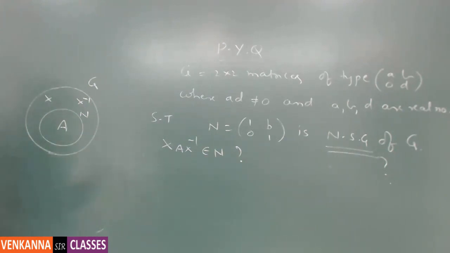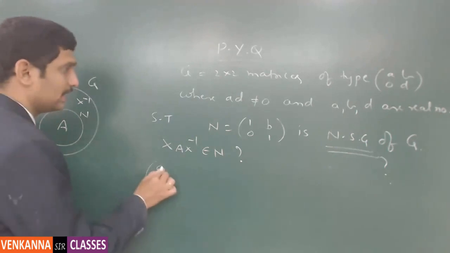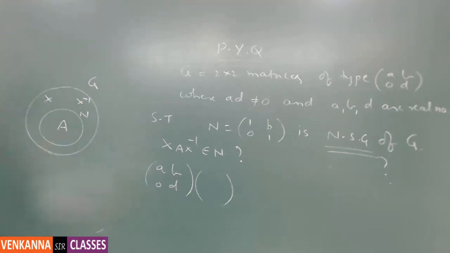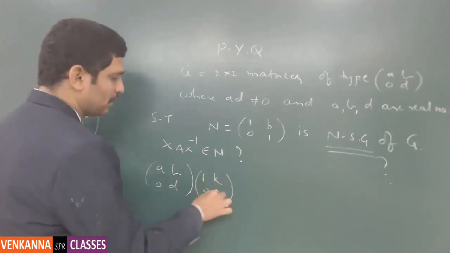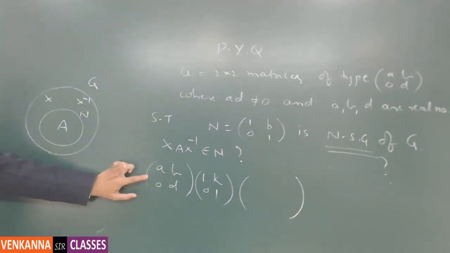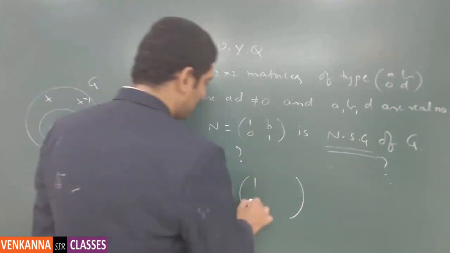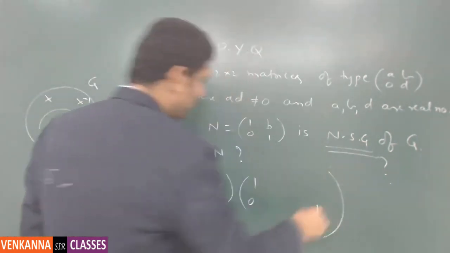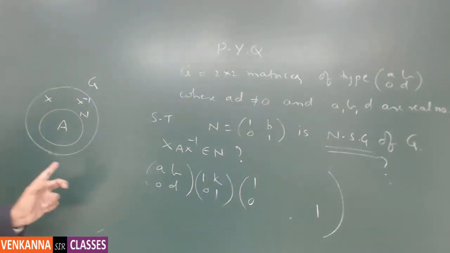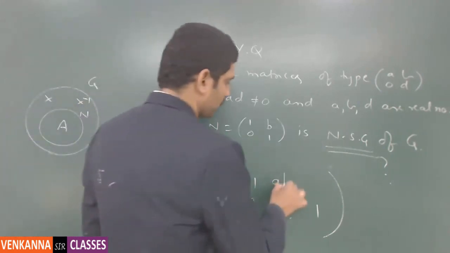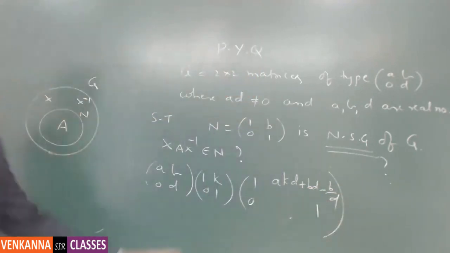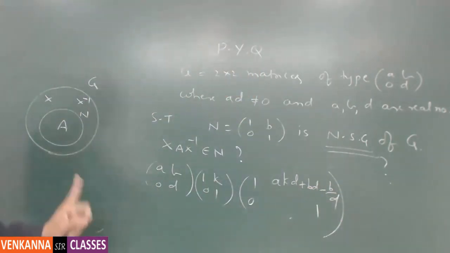Right? So if you consider the pattern A, B, 0, D into A, you can take the value as [1, K; 0, 1], and here you need to calculate the inverse of X. Please check that thing.